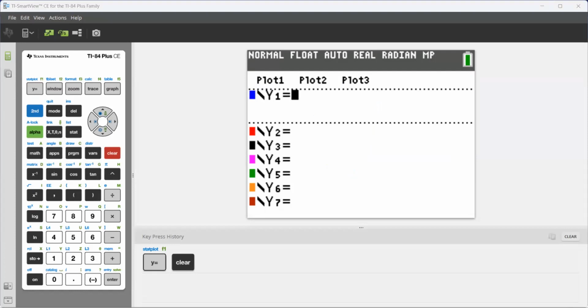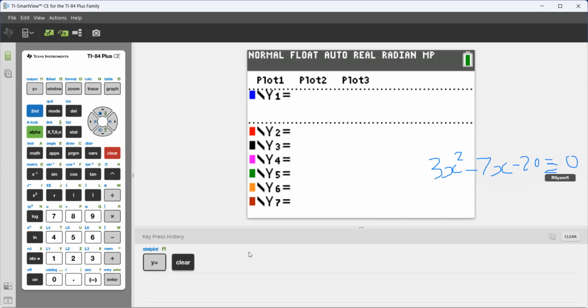This is a problem where you could use what we've already fixed, 3x squared minus 7x minus 20 equals 0. You can use that.